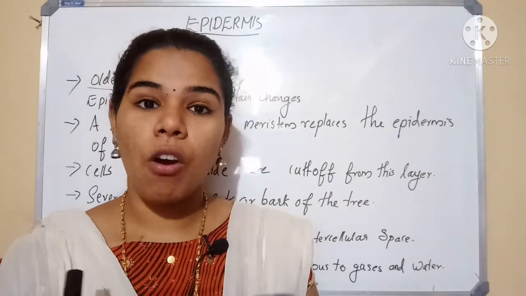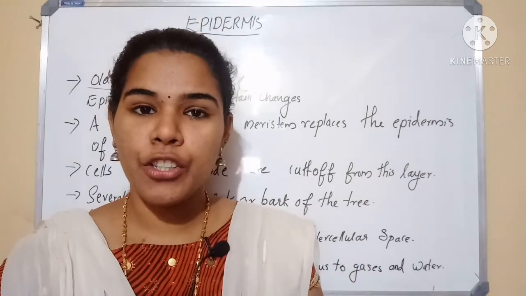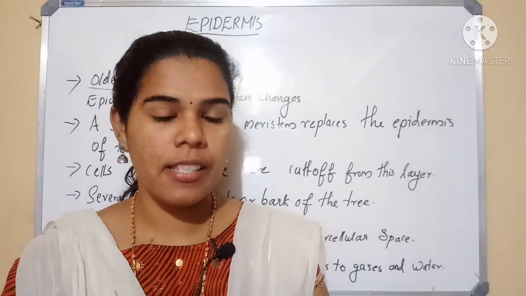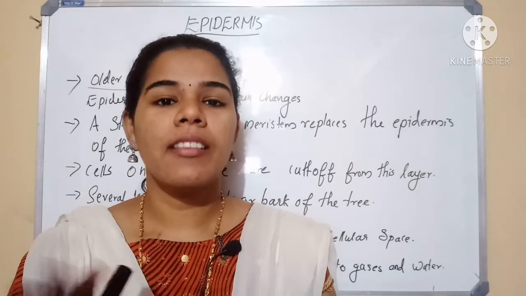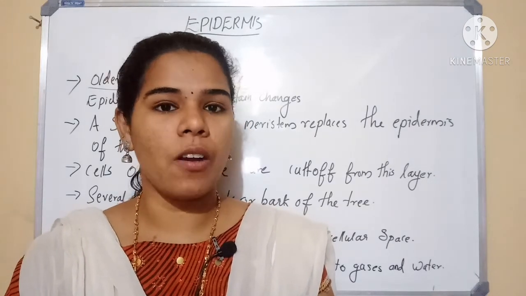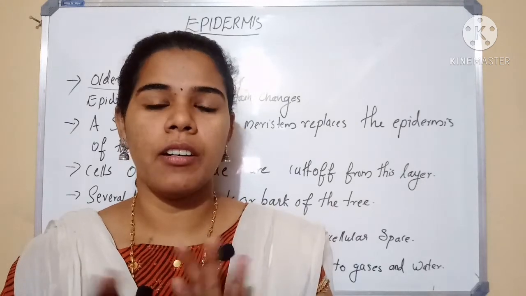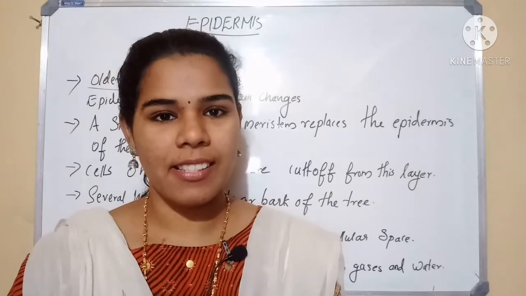This cork is dead tissue, not living. They are dead tissue and compactly arranged without intercellular space, and an additional chemical deposition is there. The deposition is called suberin, which is impervious to water and gases.